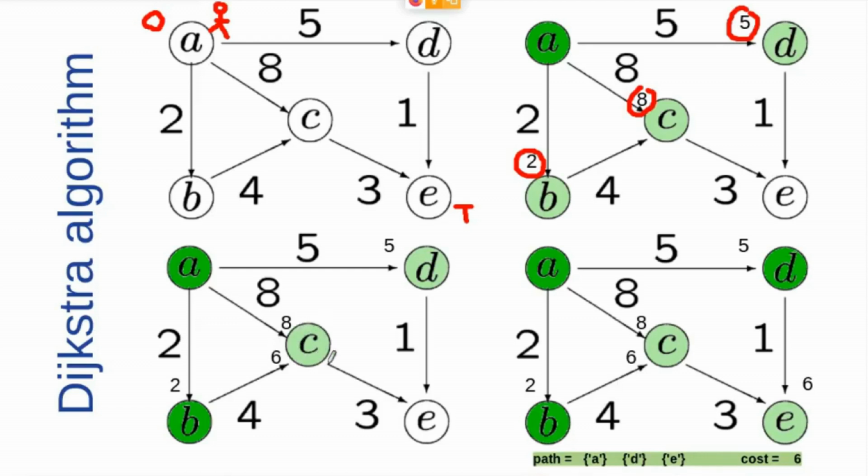I will consider C, but in two different ways. First of all, 8, as you can see here, a small 8. That's the reason for the small 8. And I have here 2 plus 4, 6. Because if you go this way, you can reach C by two different ways. AC, ABC, right?